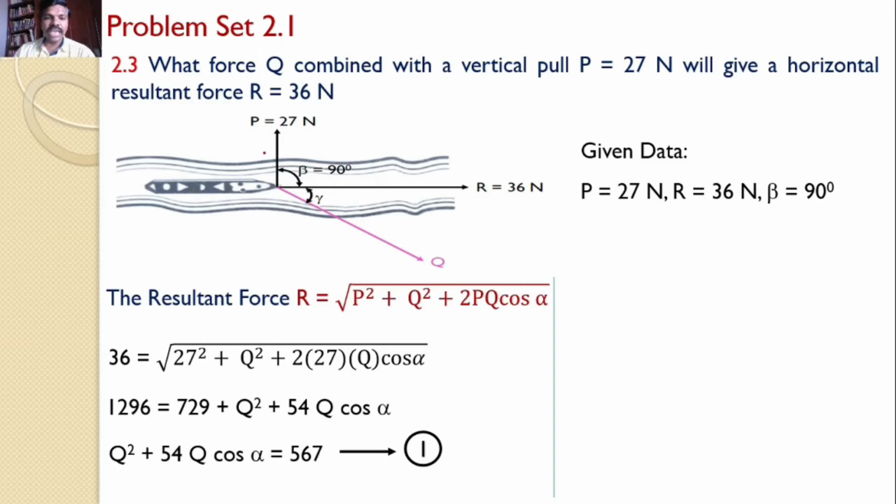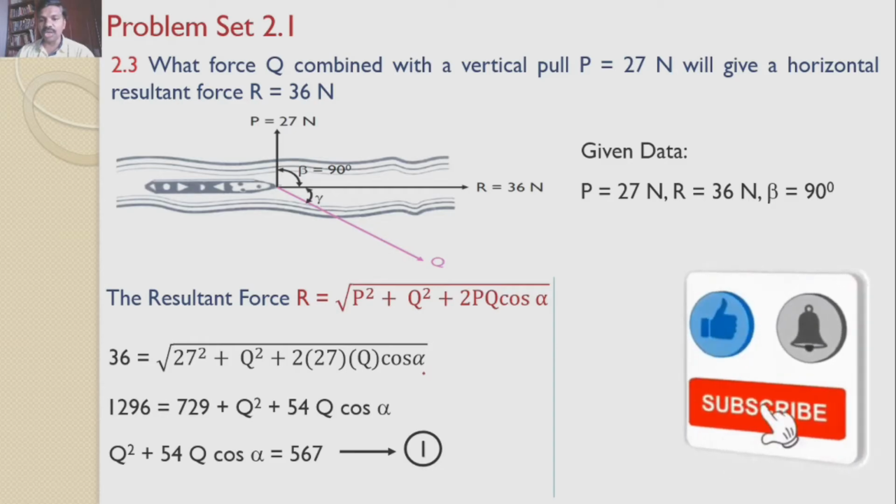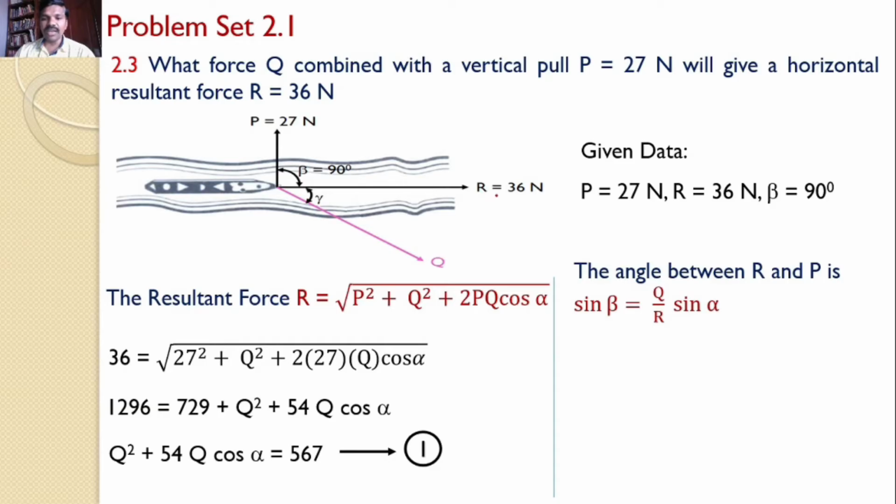We also know the angle between P and R is 90. Let us use that value now. According to the equation, the angle between R and P is beta and it is given by sine beta is equal to Q by R into sine alpha. Let us substitute the known values.